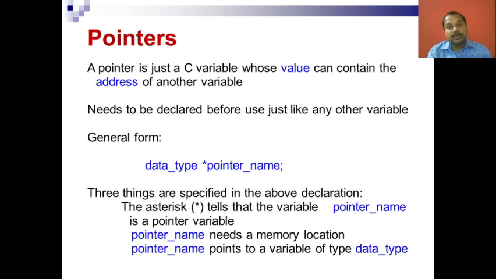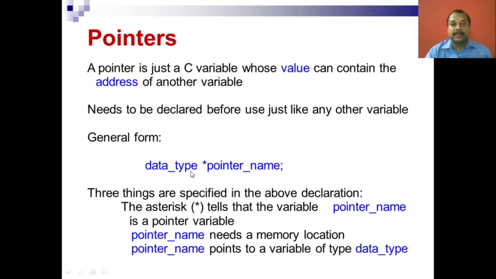Now you see that address is always the starting position, the starting address, but how many bytes from that starting position, and how that will be interpreted as a character or as an integer or as a float, and how many bytes are to be interpreted. That information is not incorporated either in this pointer name variable or in that particular memory location. It is incorporated in the data type.